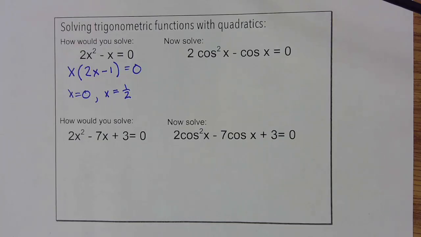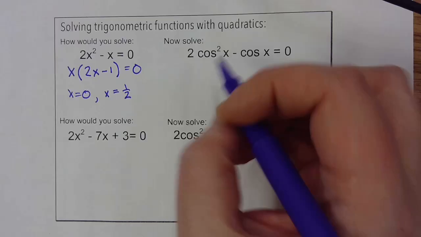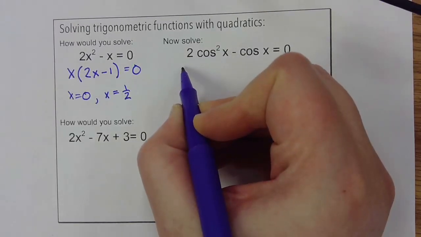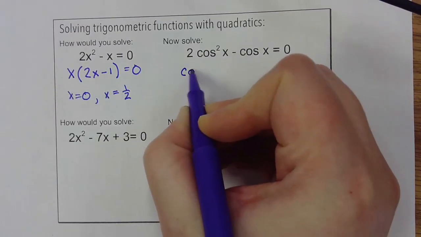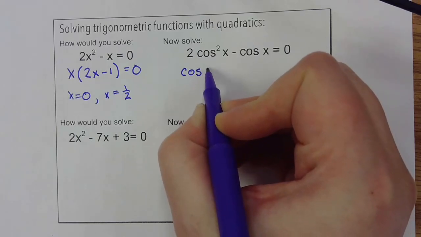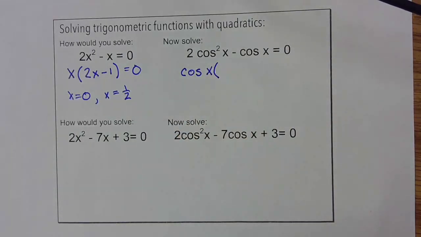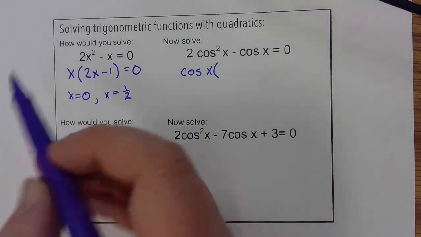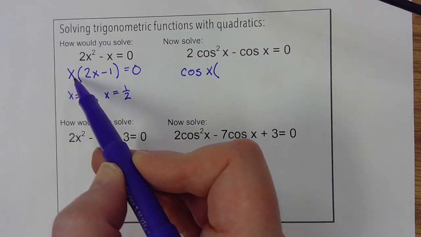Now guys, if you have your calculator and you're on a time crunch, could you just plug it in your calculator and see where the zeros are? Yes. But in this case, it might even be faster to just factor here. So I'm pulling out a factor of cosine, just like I pulled out a factor of x.